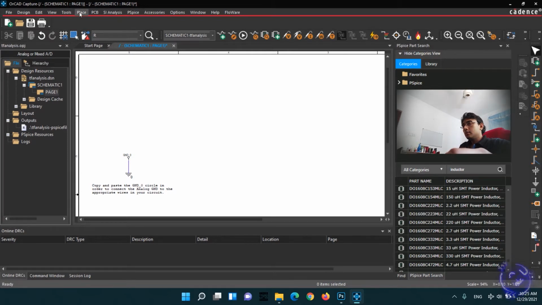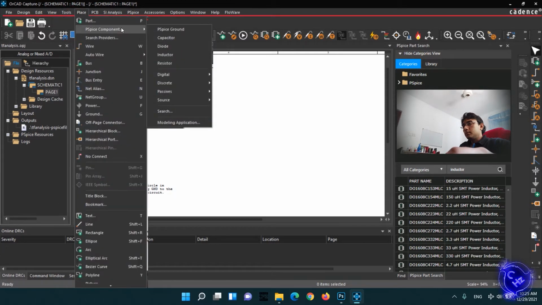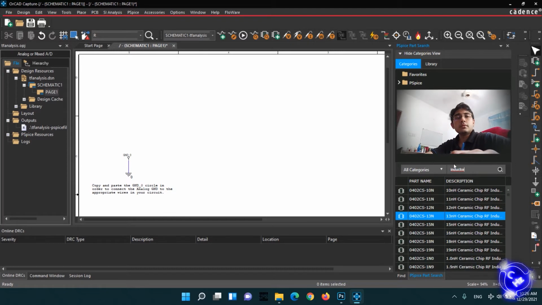Place PSPICE components, search here, this is already there, and I can search for an inductor because a transformer is two inductors, right?